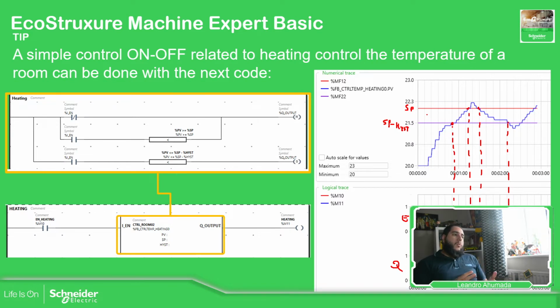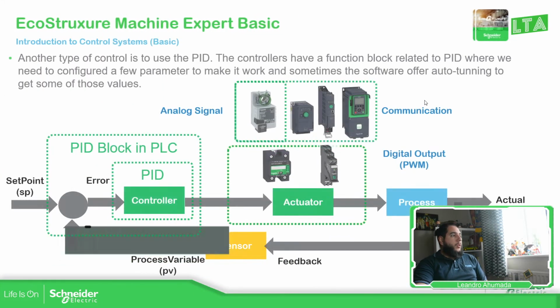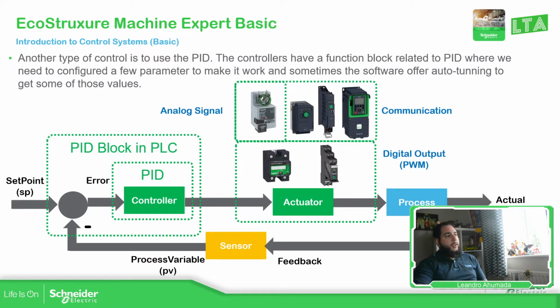So for that reason and others, that's why we start using a different kind of control where the output can be variable. For example, if we use a digital output, we can use a PWM system. In this case, the heater is going to be the same, but we can change how we're going to heat the room.